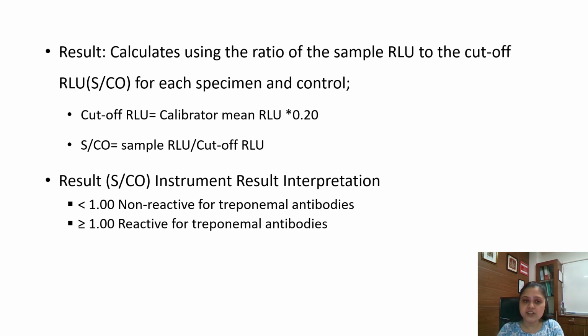The cutoff RLU is calculated as calibrator mean RLU multiplied by a 0.20 factor, and then we take the ratio, that is sample RLU divided by cutoff RLU, and interpret according to the values noted. If it is less than 1.00, it is regarded as non-reactive for treponemal antibodies, and if it is more than 1.00, it is regarded as reactive for treponemal antibodies.